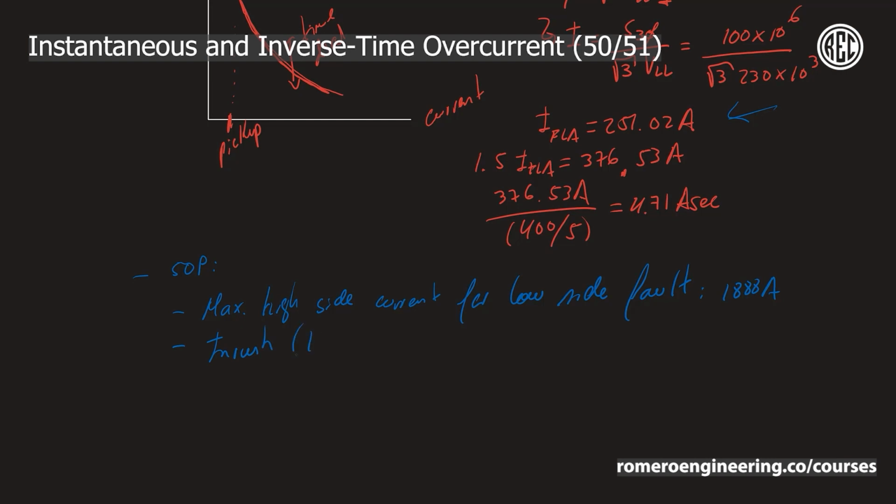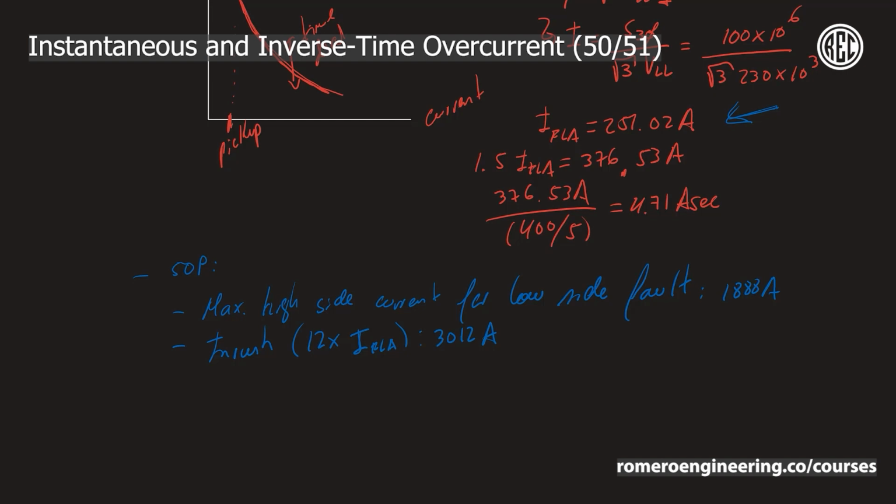Inrush, which is roughly 12x the full load amps current. And in this case, that's 3012. So essentially, this number over here times 12 gives us 3012. So we could expect a worst case current spike of 3000 amps when we first energize the transformer.